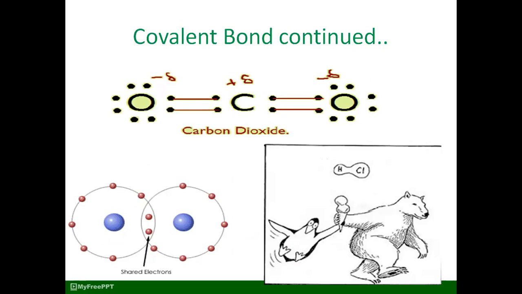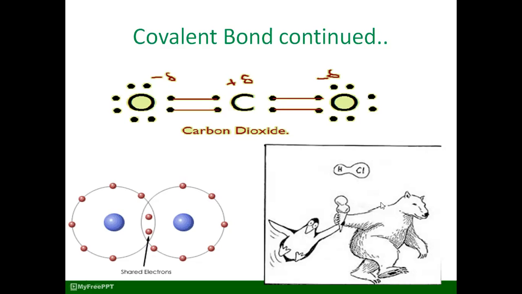So oxygen is more electronegative here than carbon. So the electron present in the bond between carbon and oxygen would be pulled towards the oxygen atom. So yes, it's a polar covalent bond.